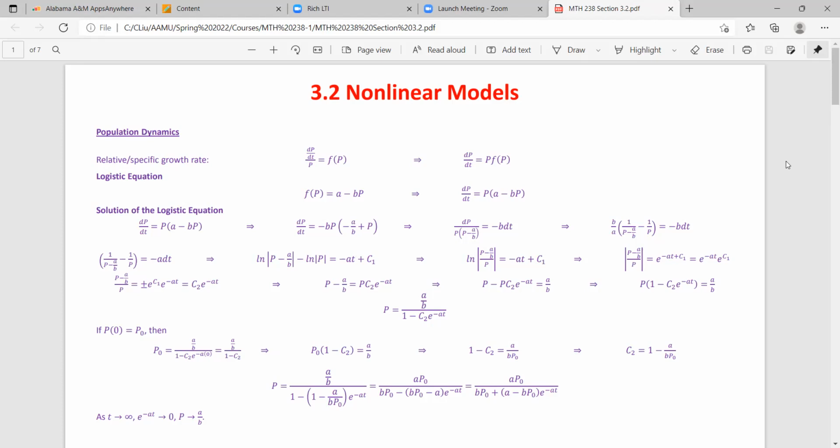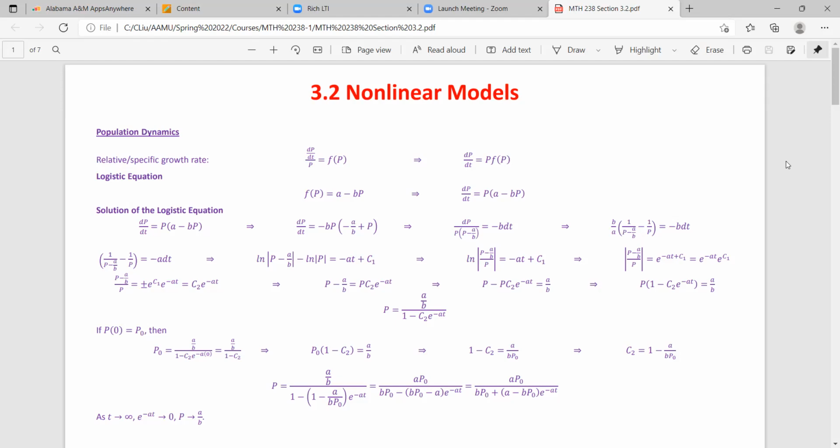What percentage is the population growth or decay or decreases? So that would be a function of population P itself. Obviously, at different population, you will have different relative growth rate. So this definition can be rewritten as dP over dt equals P times f of P. Okay, so that's completely from the definition of the relative growth rate.